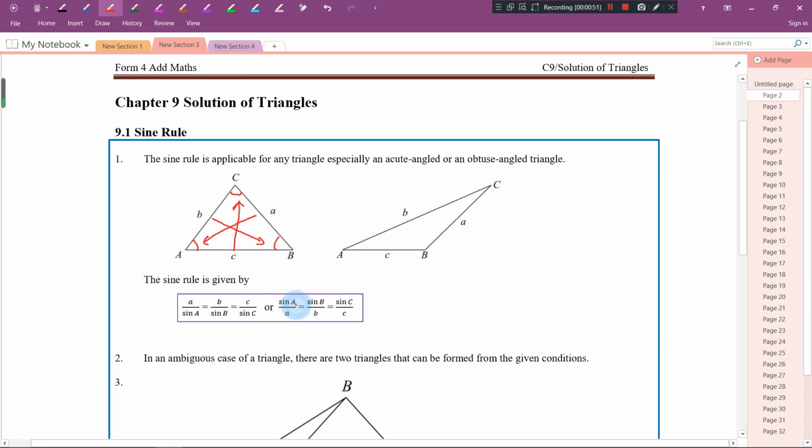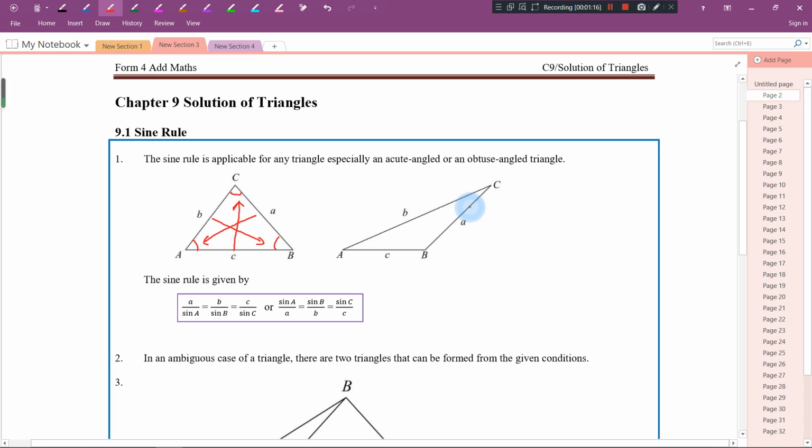You can write them as sine A over a is equal to sine B over b is equal to sine C over c. Normally, if the questions ask us to find side length, we will choose this one. If the questions ask us to find angle, we will choose this one. So this rule not only can be applied for acute angle triangles, it can also be applied for obtuse angle triangles, for example this one.